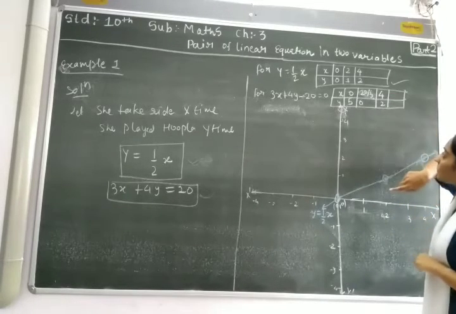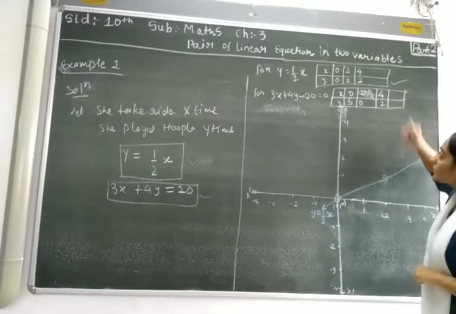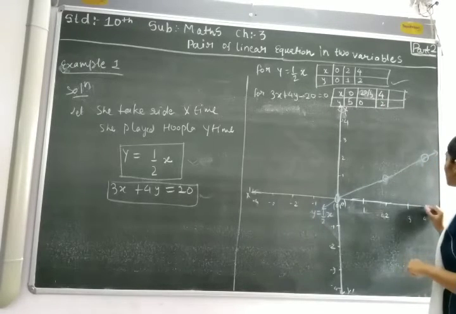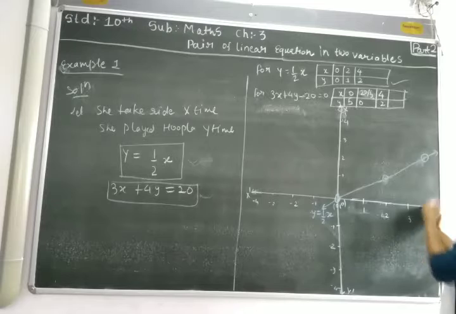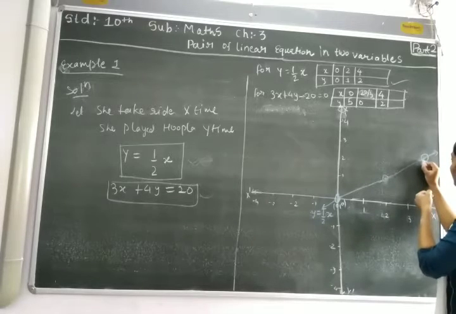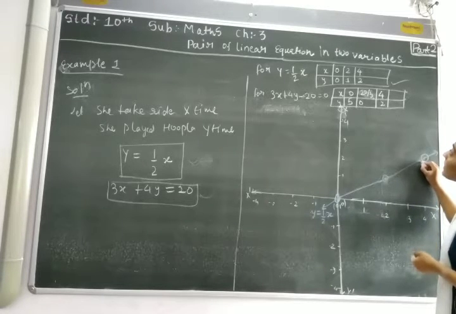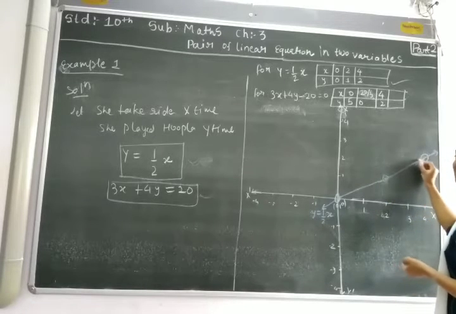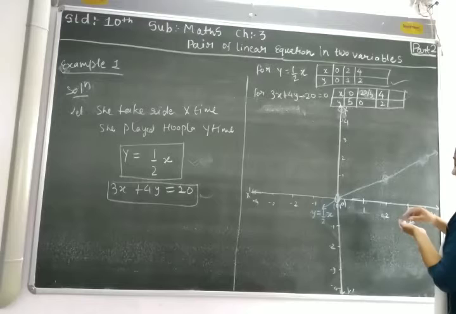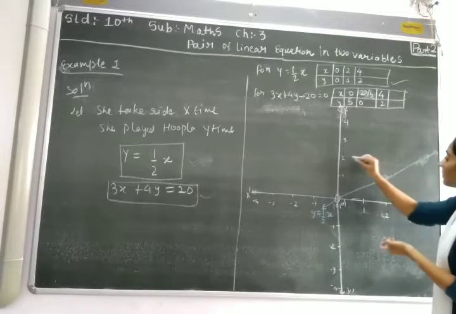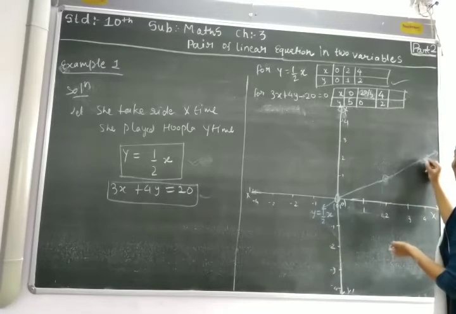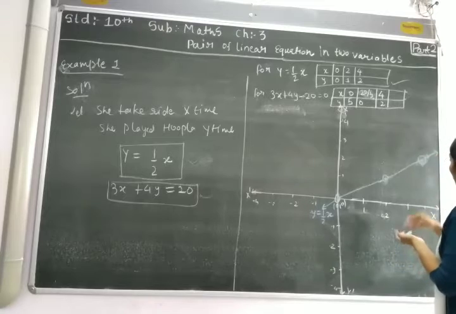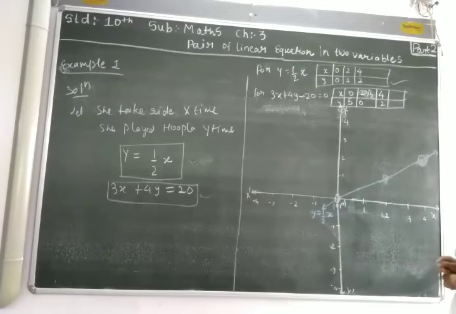Now the third one is x equals 4 and y equals 2. It means somewhere over here, like this one point only. So this one also lies over here.